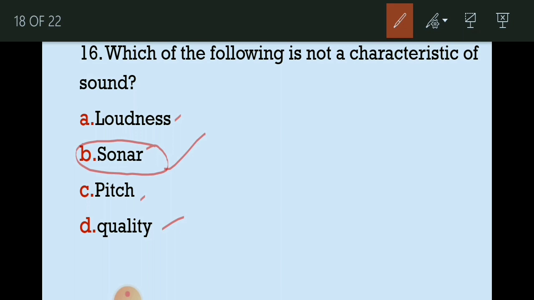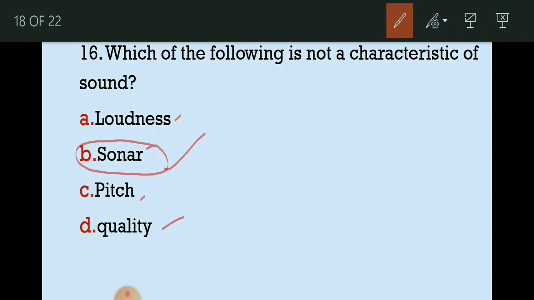Now what happens, there is one ultrasonic transmitter provided over there. From there ultrasonic signals come out. These ultrasonic signals reach the ocean bed, and after striking the ocean bed they get reflected. After getting reflected they come back to the receiver.